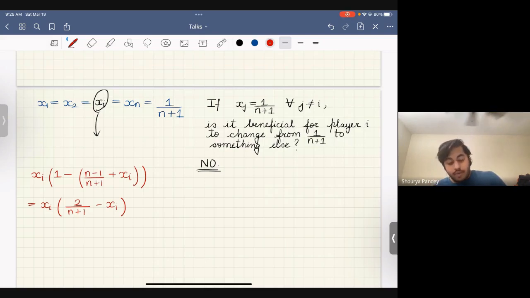And so we have this sort of a strategy which is in some sense stable, right? So there is some sense of a stability here.